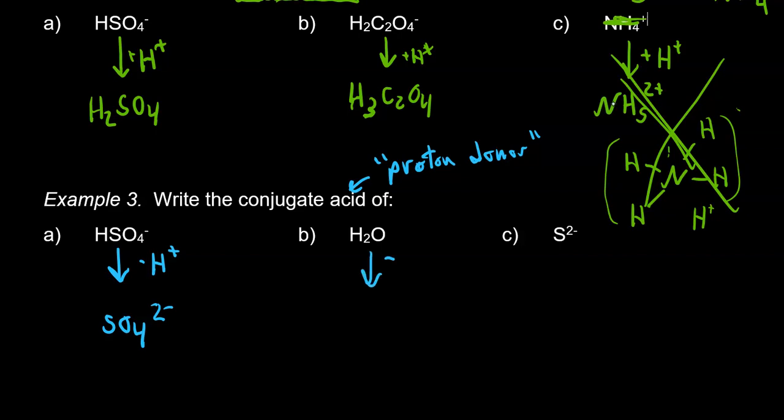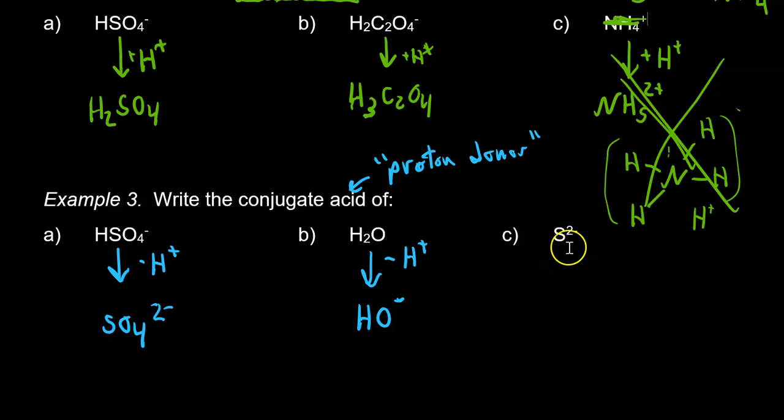Same thing with water here. We want to lose H+. That means we only have one H, and it's losing a positive charge. If it loses a positive charge, then it becomes more negative, so it's OH negative, hydroxide here.